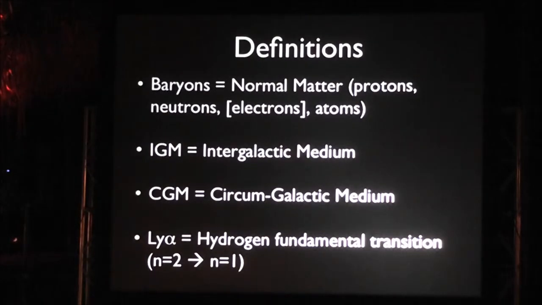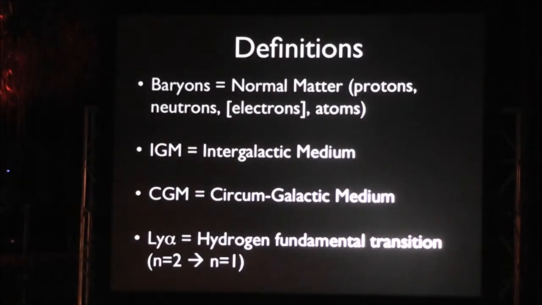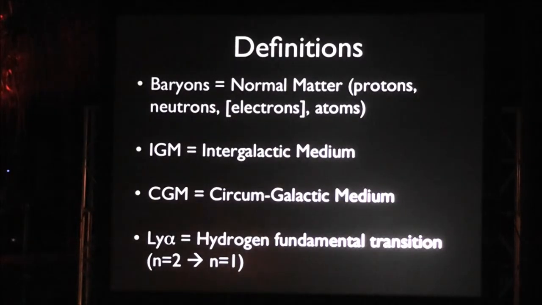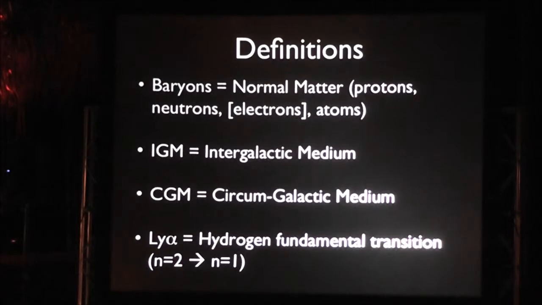We talk about this medium between galaxies, the intergalactic medium, and sometimes we refer to the medium that is closer to galaxies but still in the intergalactic medium as the circumgalactic medium. And one of the most important spectral features, it's an atomic transition of the fundamental two levels in hydrogen. We call it Lyman alpha, and I'll be talking a lot about Lyman alpha. That's what we're trying to detect.